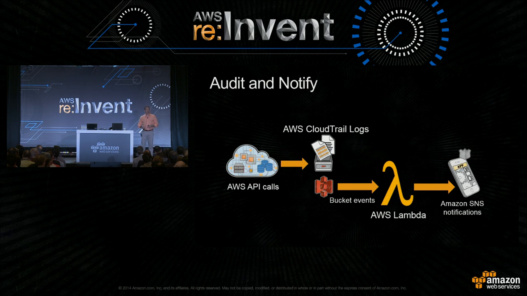That's a super powerful service already, but because it drops that file into S3, now you can hook up Lambda and you can very quickly build an auditing solution that looks at the records in that audit log and decides what to do with them. Which ones are important, which ones aren't important, which ones to keep, or if something looks really bad, maybe which ones to wake you up in the middle of the night for. And while I describe this here in terms of CloudTrail, there's nothing special about the fact that they generated the log. Any log generated by any source in S3 could do the same thing.